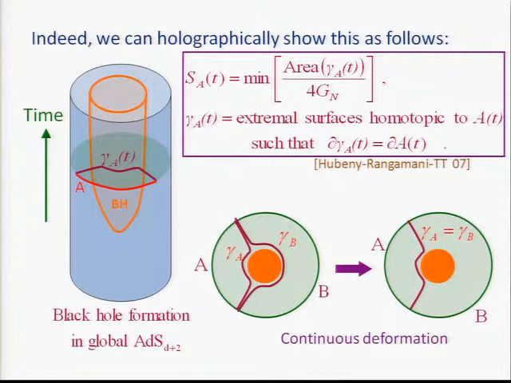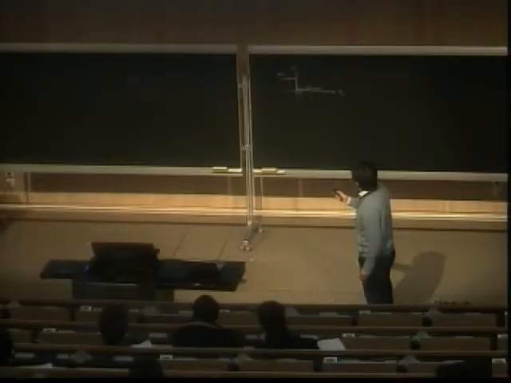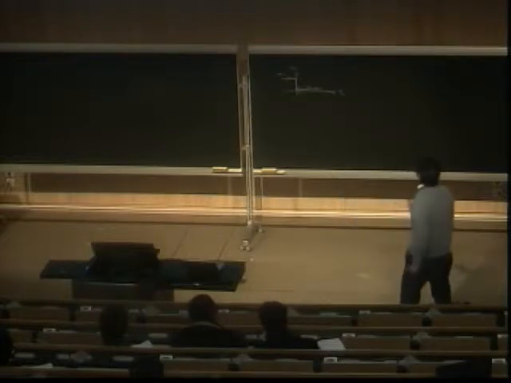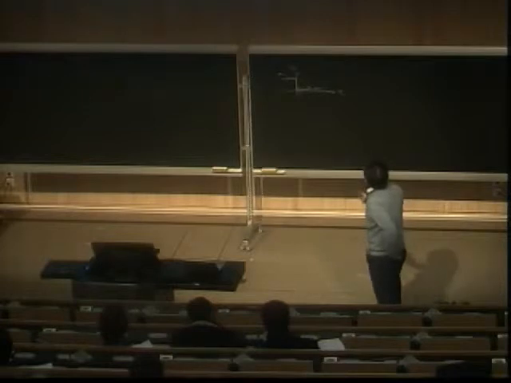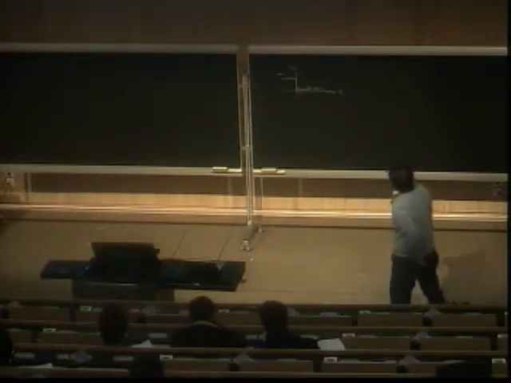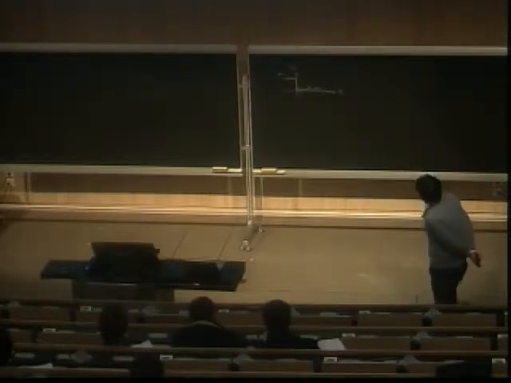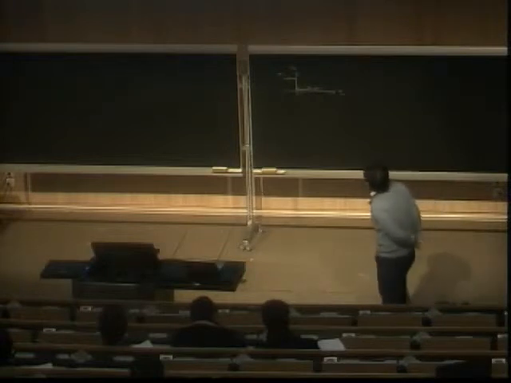Now we take some particular time slice, and we consider some subsystem A sitting here, and subsystem B is the opposite one, its complement. We are interested in the time-dependent S_A. As I explained a few days ago, one description in this time-dependent background is the covariant formulation of entanglement entropy.